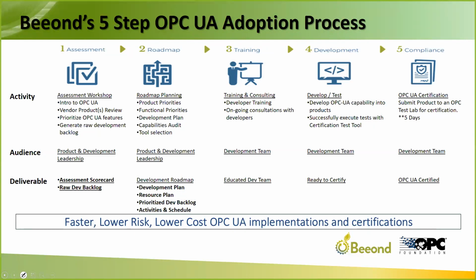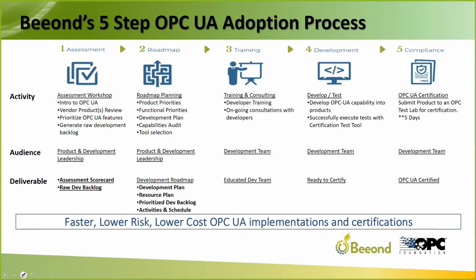Then, of course, the step is certification, and we can help bring the whole requirements portion into development to make sure the solution is certifiable at the end, and also help organize and prepare for the certification. There's a certification test tool that we can walk you through.